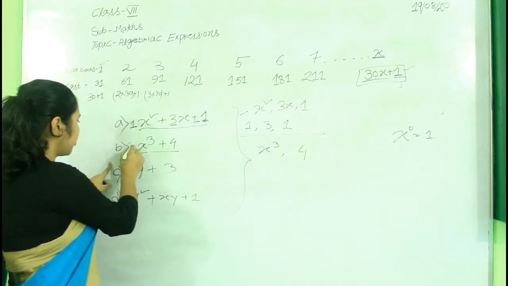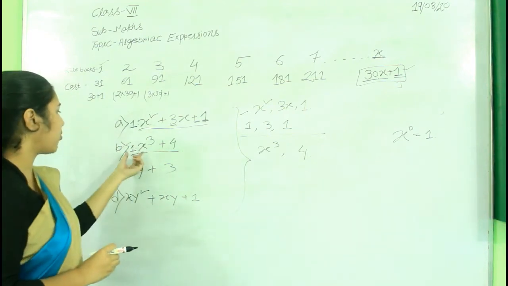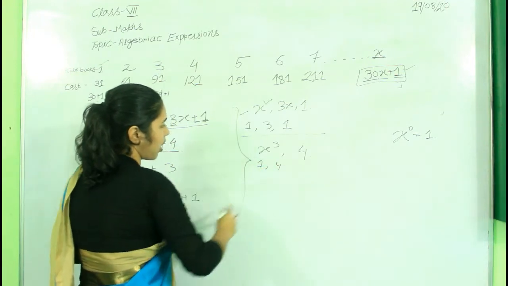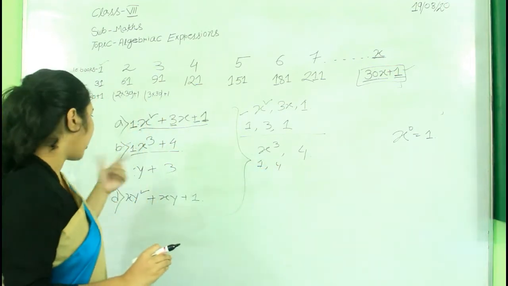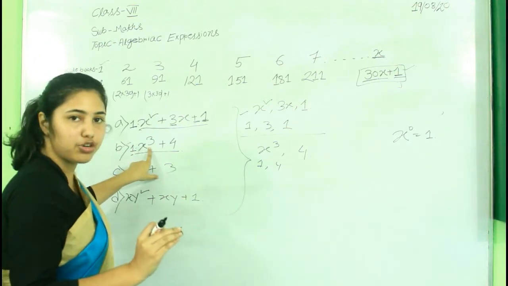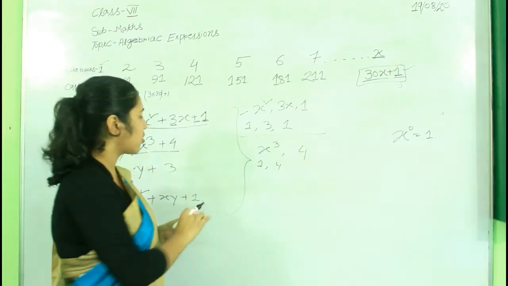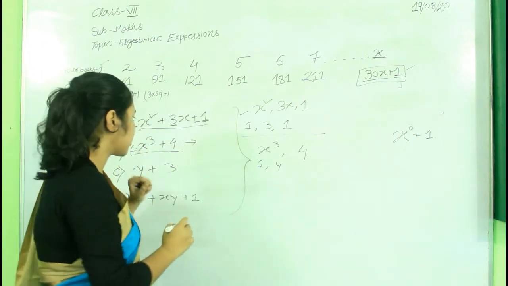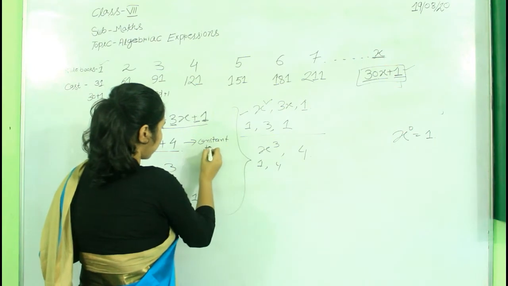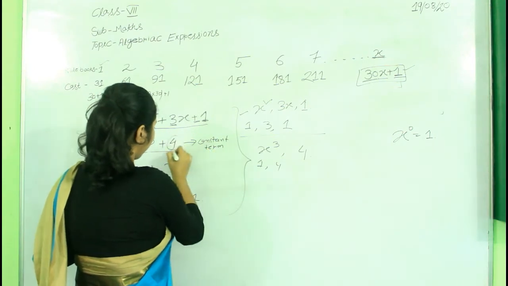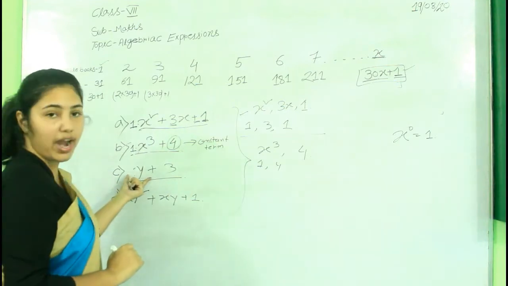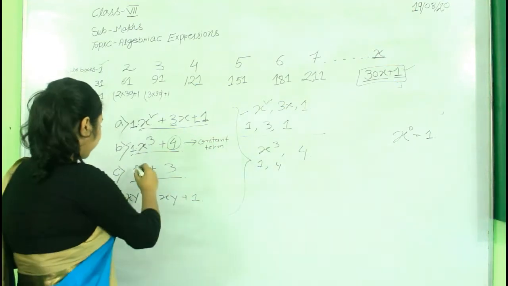Again we can write here 1 into x cube, which means 1 and 4 are the constants and 1 is the coefficient of this term x cube and 4 is our constant term of this expression. Constant term 4.